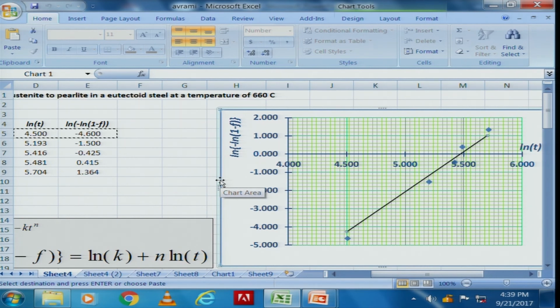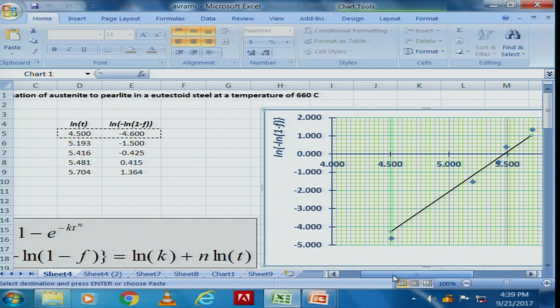What we should try to do now is objectively find the best line passing through this set of data points. Once we know the best line, then the slope of this line would be the value of the parameter n of the Avrami equation, and if we extend this line all the way until it intersects the vertical axis, that would give me the intercept, and the intercept would then be nothing but log k.